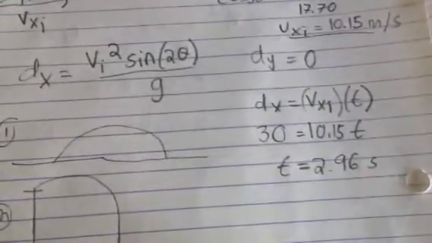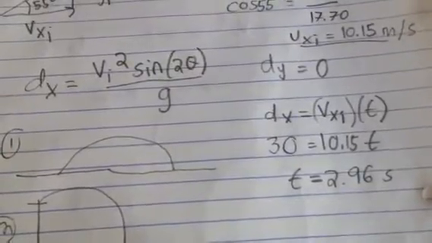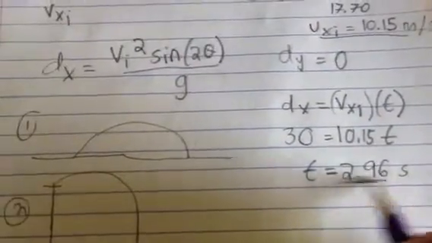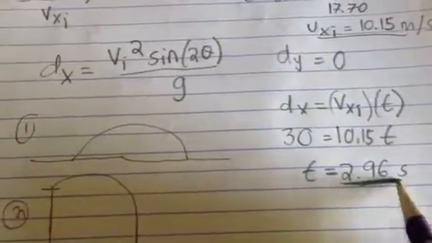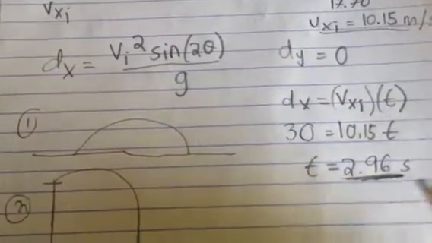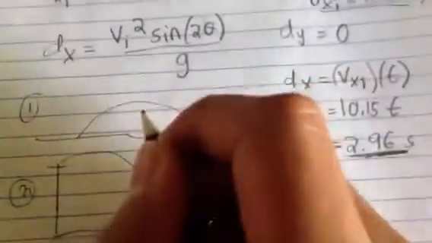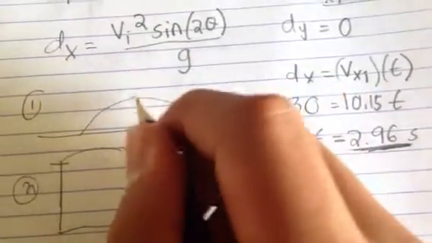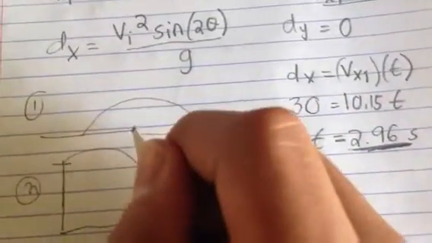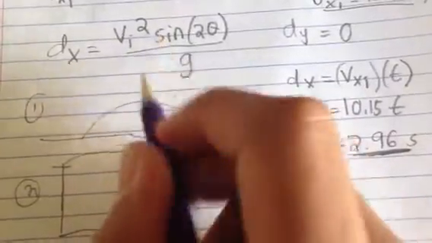Okay. Now here's the thing though. You can't actually use this time when we're solving for the maximum height, because one thing you have to understand is time is symmetrical, and I'm showing you right now what I mean by that. Let's consult this sketch right here, because this sketch represents our problem.